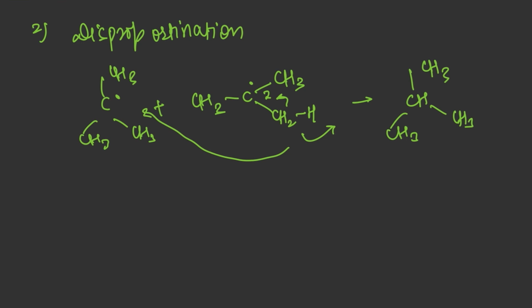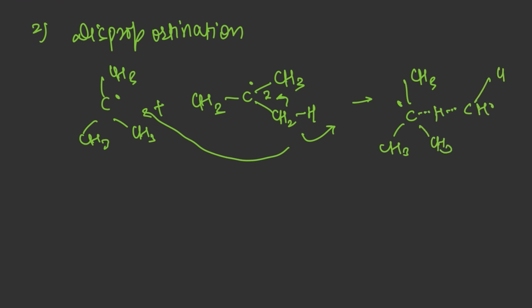But there is a transition. Surely there will be a transition state. So let's look at the transition state. We have a transition state like CH3, CH3 and CH3. We have hydrogen, CH, CH3 and CH3.